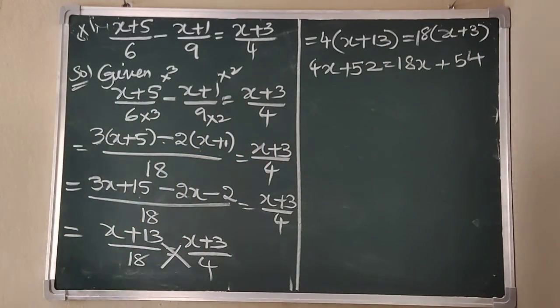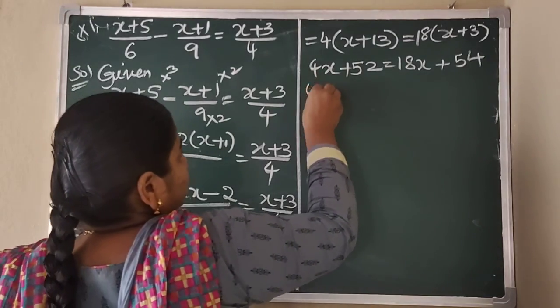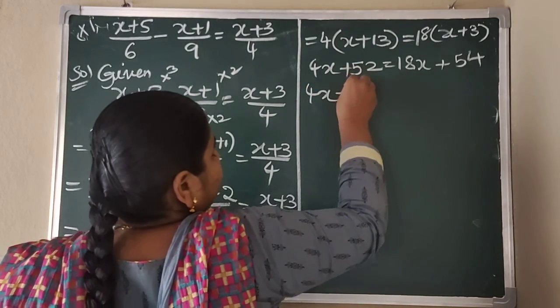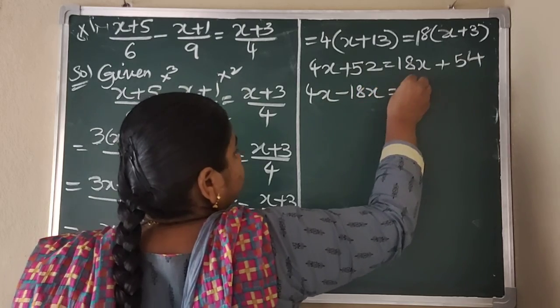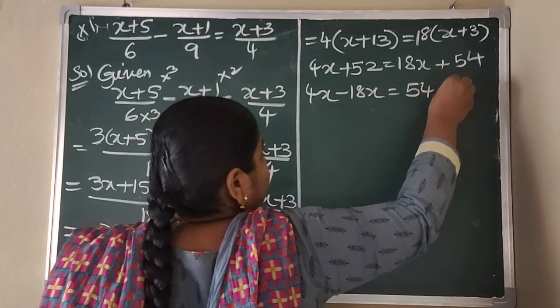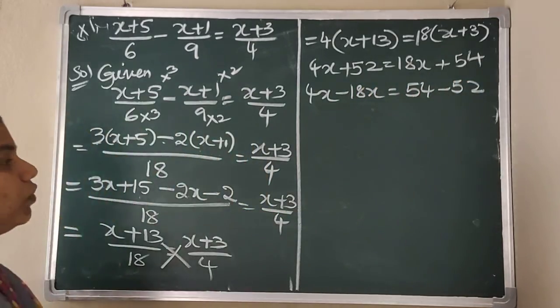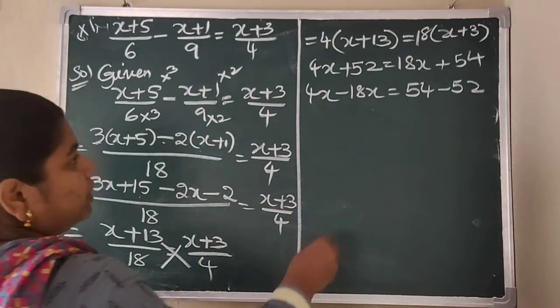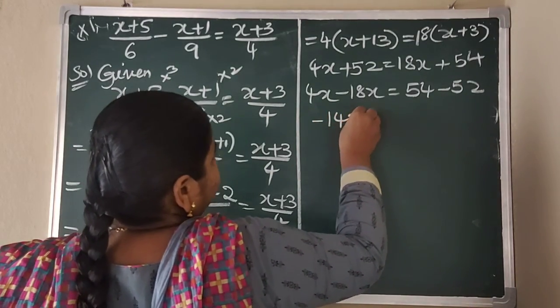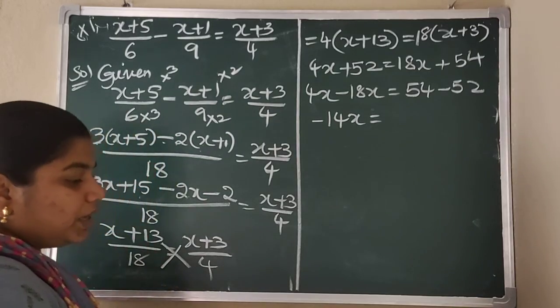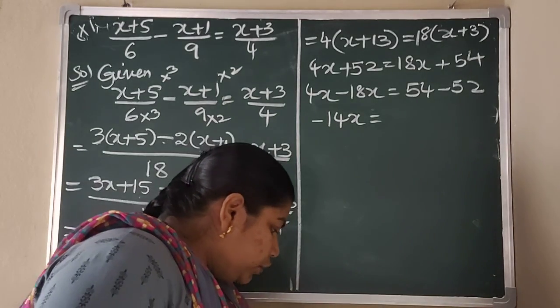Now transpose the x terms to one side and the constant values to the other side. So it will become 4x minus 18x is equal to 54 minus 52. So 4 minus 18 will be minus 14. Minus 14x is equal to 54 minus 52, which is 2.